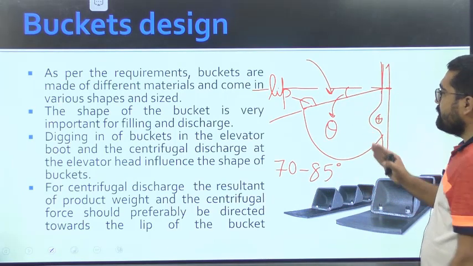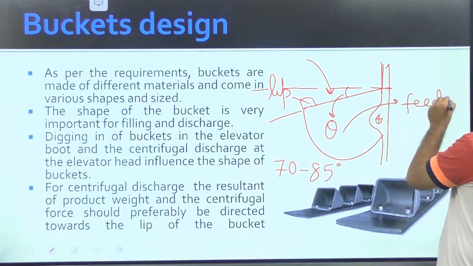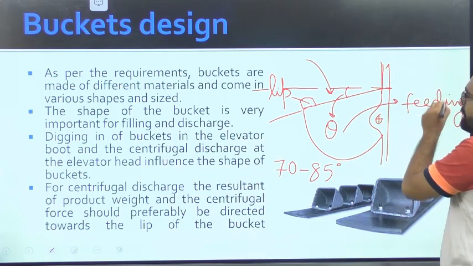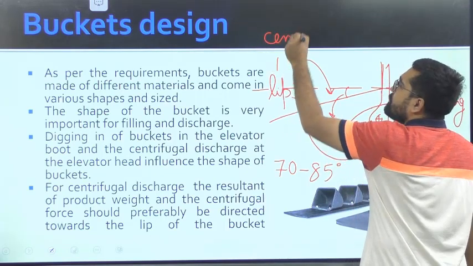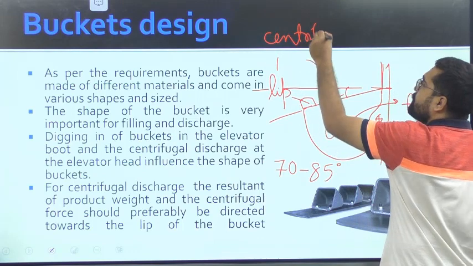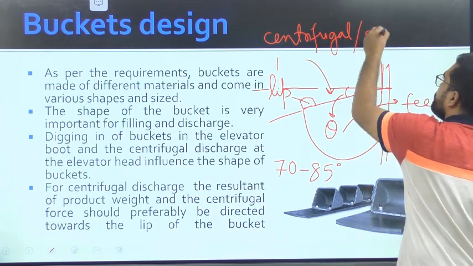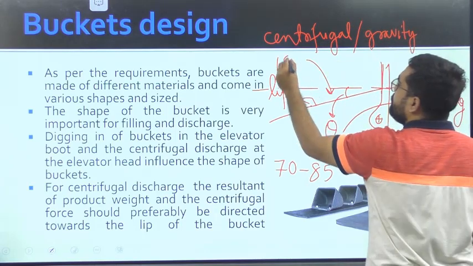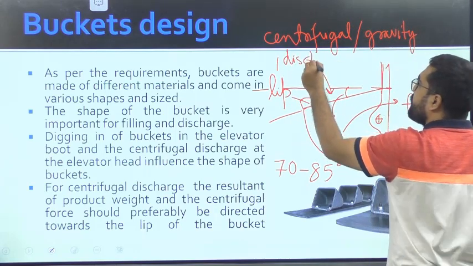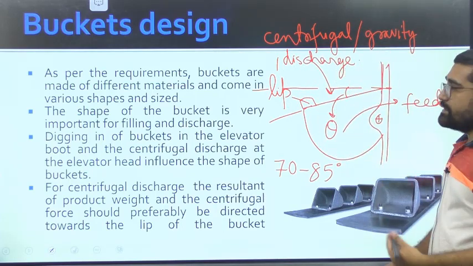Because of this angle, feeding will occur. Because of this lip, centrifugal or gravity discharge will occur. If this lip is not provided, then the discharge of the bucket will not be completely done.